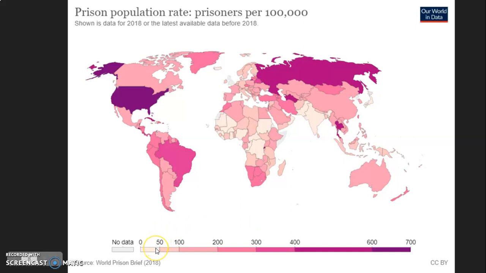The lighter color means fewer people are in prison in those countries. You might have noticed that the United States of America has the highest incarceration rate out of all the countries in the world. But let's go back to our region of South Asia. What do we notice about their prison population rate?